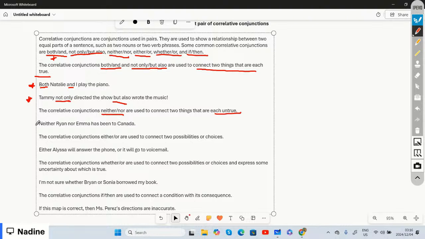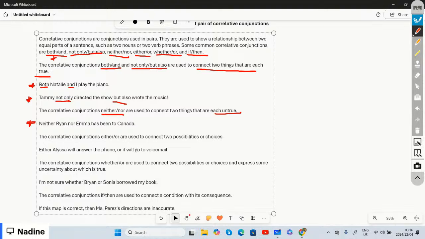And if you look at an example, it says neither Ryan nor Emma has been to Canada. It's like saying they haven't been.